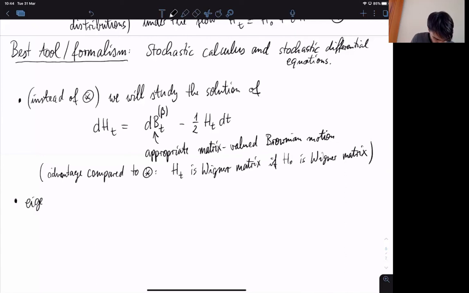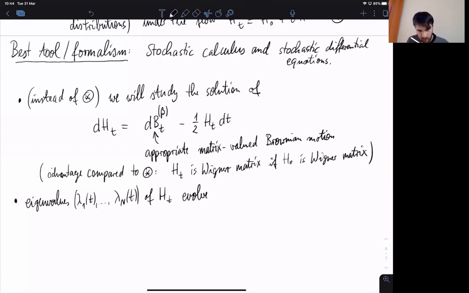So the eigenvalues, which I want to call lambda 1t up to lambda nt of HT, evolve according to the following law.